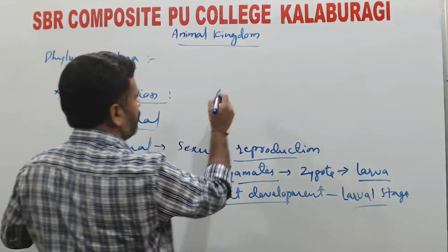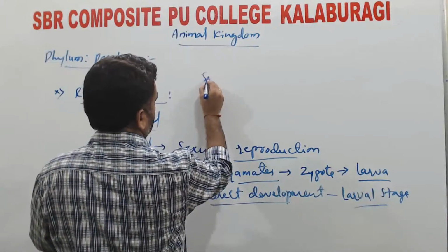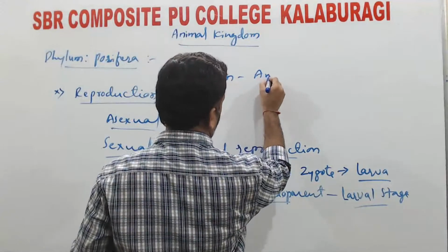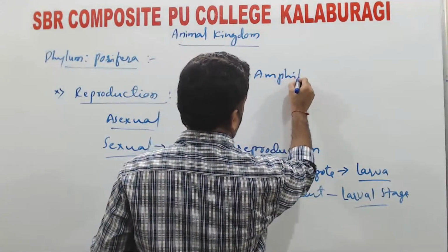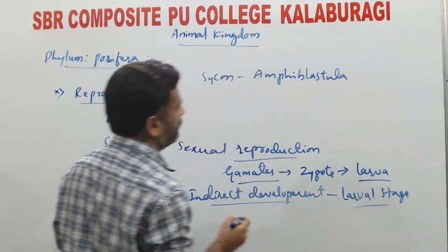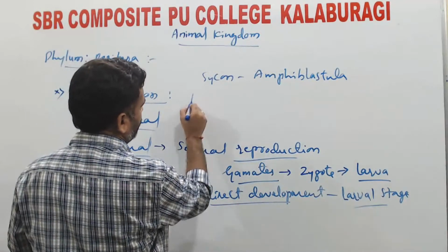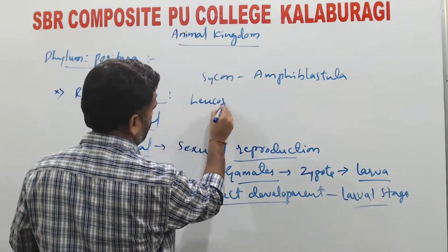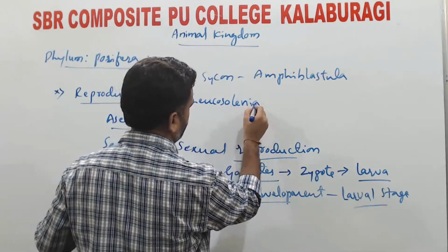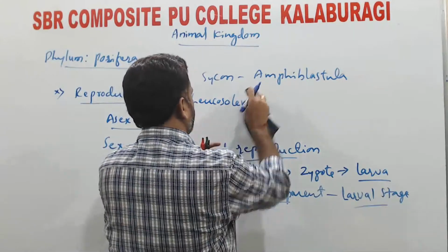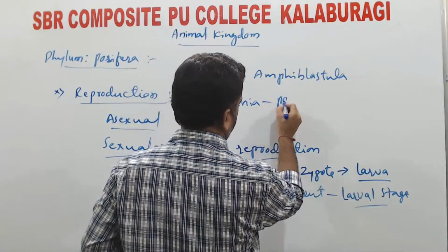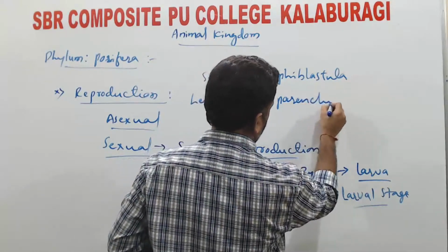The larva of Sycon is amphiblastula. The larva of Leucosolenia is parenchymula.